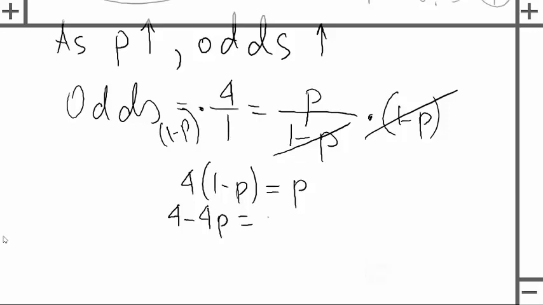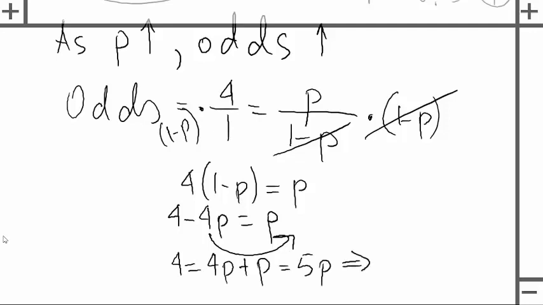Yeah, okay. Equals P. Well, I have to bring the 4P to the other side with the plus sign, right? So 4 equals 4P plus P, or equals 5P. And from here, probability equals 4 over 5 or 0.8, right?